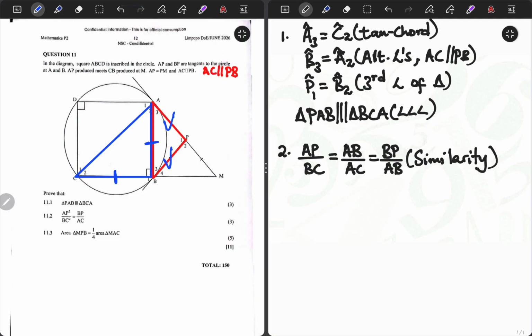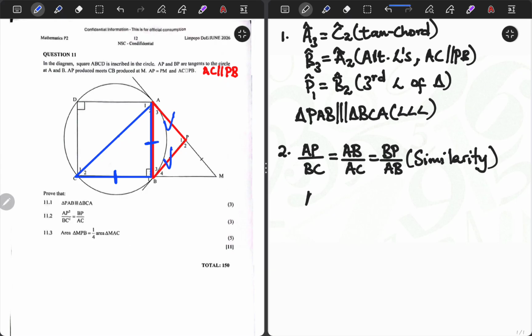Which one can we do? Let's take this 2 and square. We understand that AB is the same as BC.